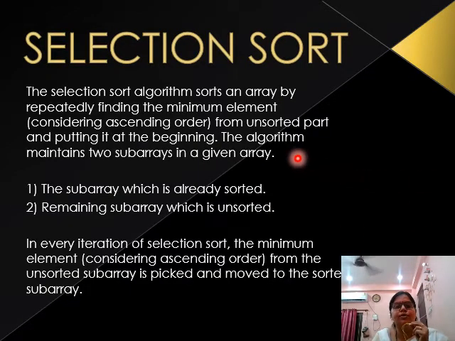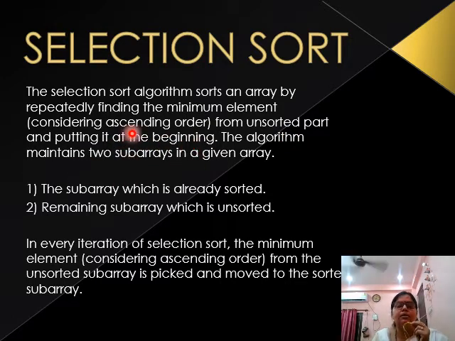See, what is selection sort? First we will know. The selection sort algorithm sorts an array by repeatedly finding the minimum element, considering ascending order, from the unsorted part and putting it at the beginning.